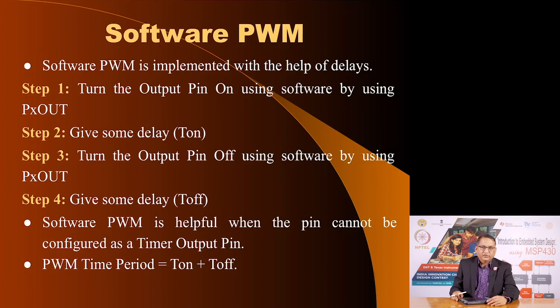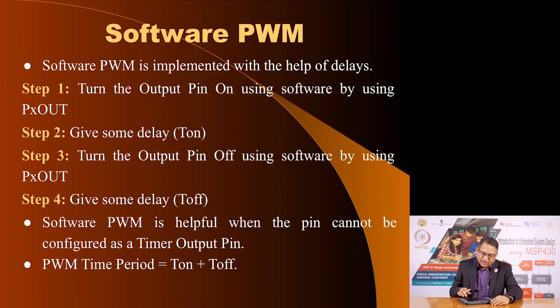Now, as I mentioned, we can generate a PWM signal using a software loop. All you have to do is write a program in which an output pin, any pin which can be programmed as an output pin of a microcontroller, can serve as a PWM output. You decide some amount of delay, and that delay you should be able to replicate.